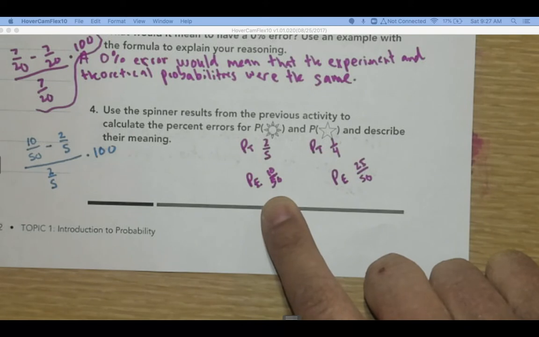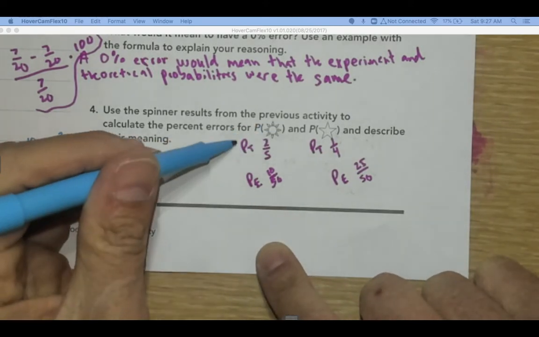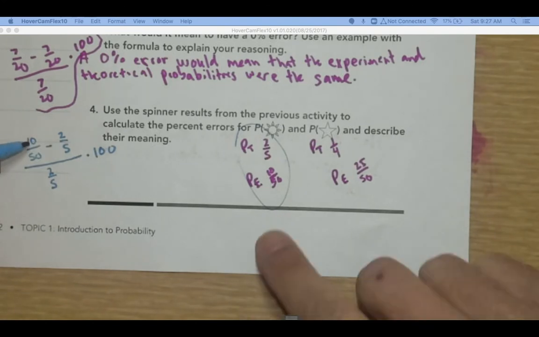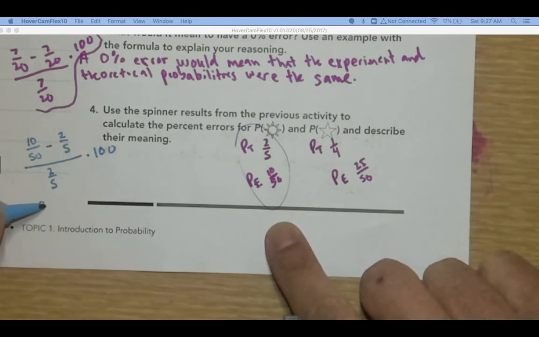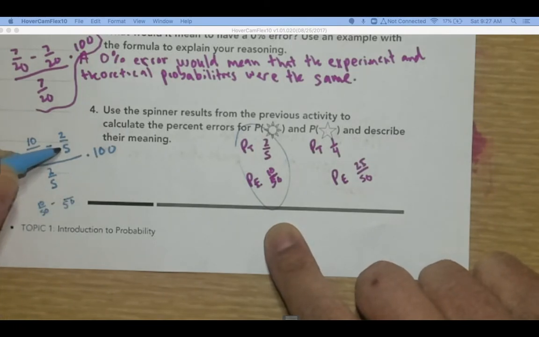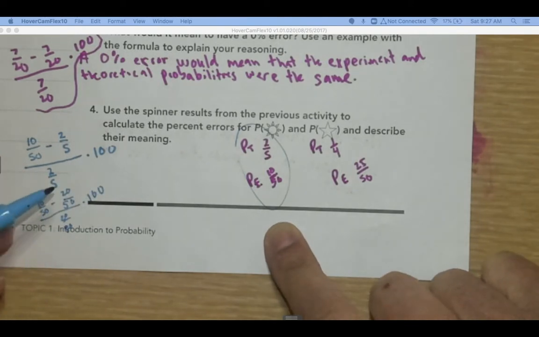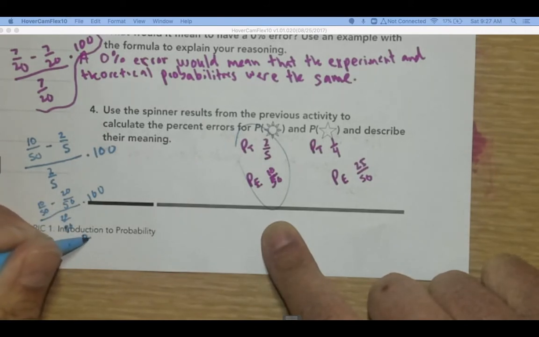Okay. For this one, I would then need a common denominator, and I see that I would use 50ths. So I would have 10/50ths minus, times 10 times 10, 20/50ths over 20/50ths times 100. Then 10/50ths minus 20/50ths would be negative 10/50ths divided by 20/50ths times 100.